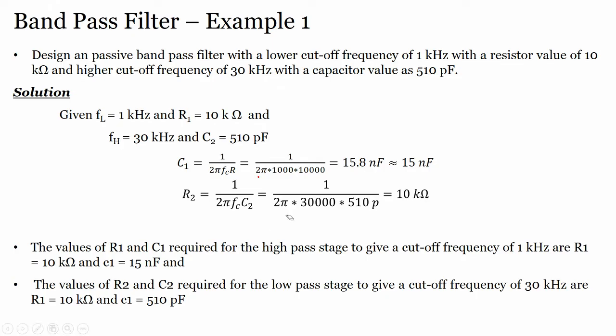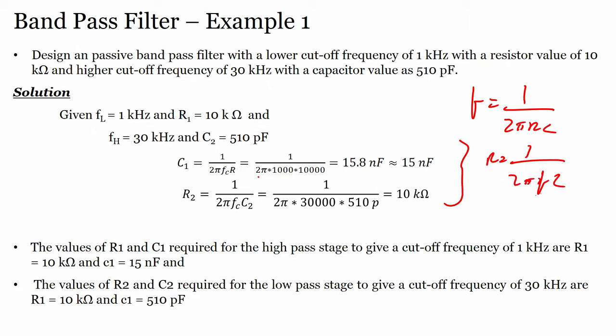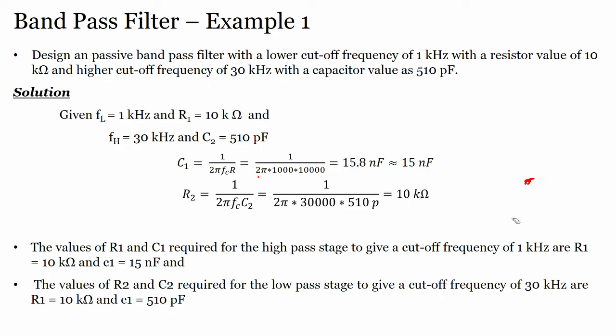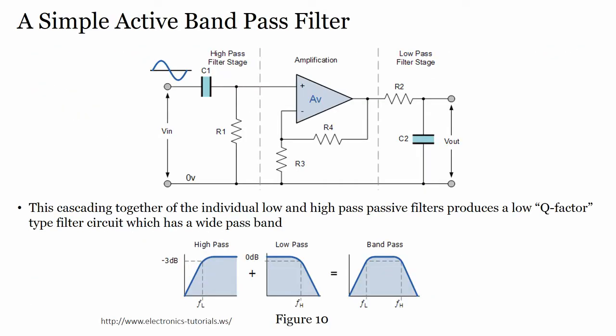If not, you correct it, because it is just putting in the formula F equals 1 upon 2 pi RC, or R equals 1 upon 2 pi FC, right. Put the formula and find the values. Do not assume that if it says 15.9 nanofarad, it is wrong; it is not like that, okay. So, try by yourself also, okay. Now you know how to design an RC passive band pass filter, right.